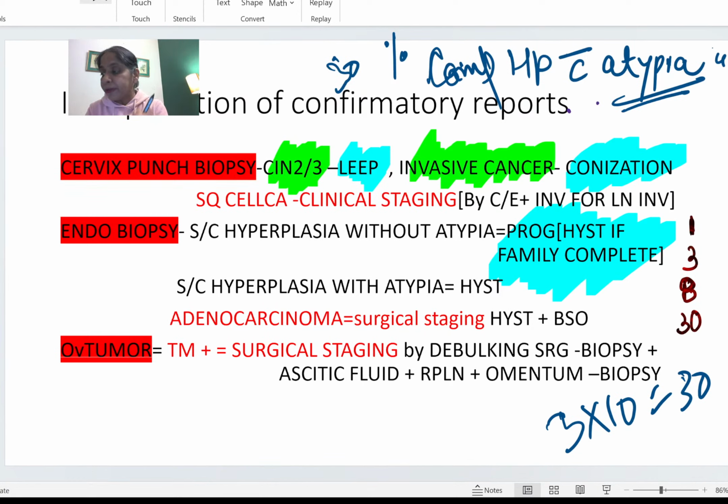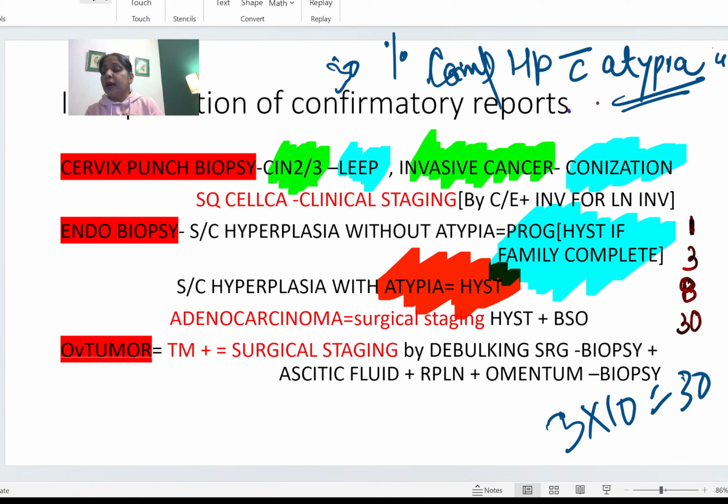In CA endometrium, the treatment of pre-malignant lesion without atypia is progesterone, and the treatment of pre-malignant lesion with atypia is hysterectomy. Because there are high chances, when atypia is there, the treatment is hysterectomy.